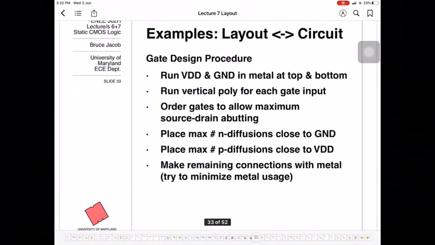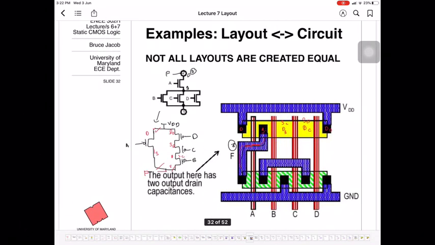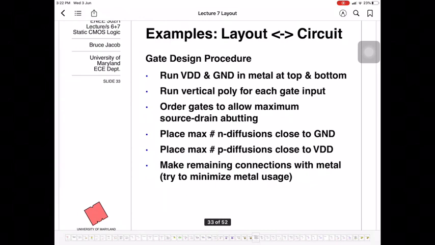So what we need to do now is to compare which layout is better. So how do you compare the layout? You would like to minimize the area and minimize the wires.